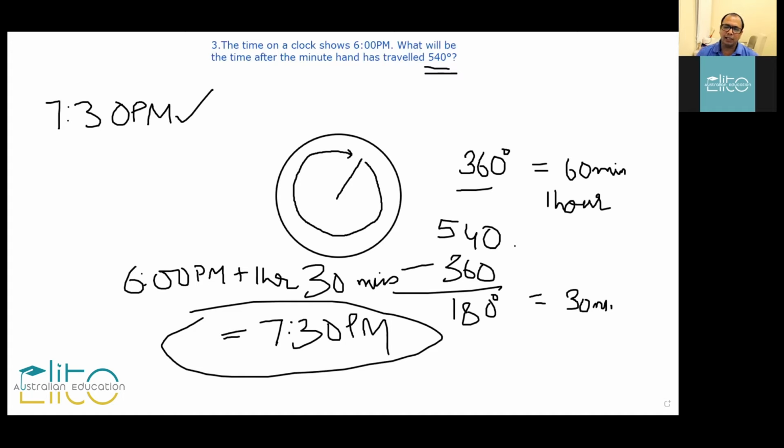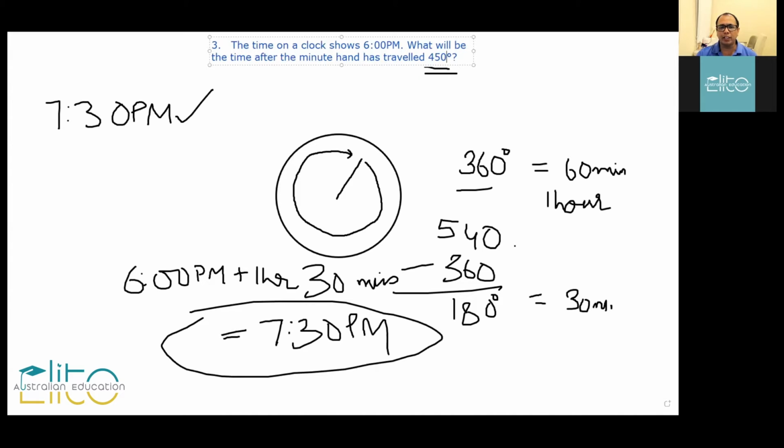The actual exam question was a little bit different from what I have asked. I have made it a little bit easier. The actual question was essentially 450 degrees, which is again the same thing. It's not that difficult.